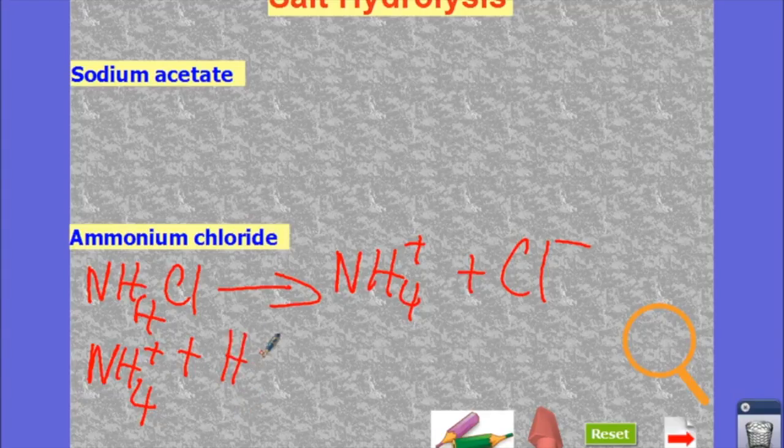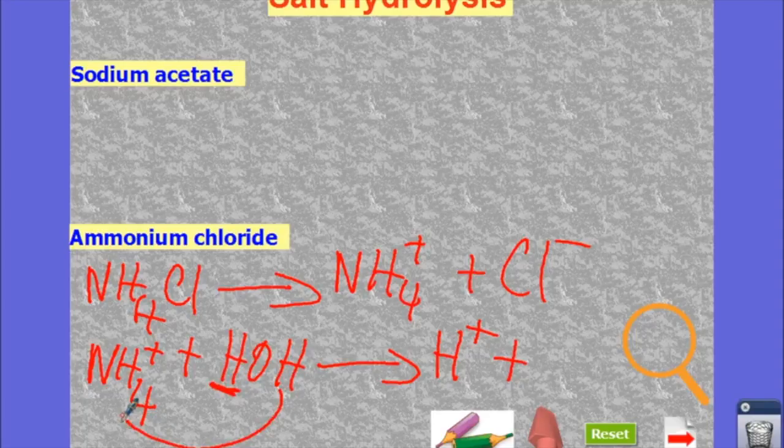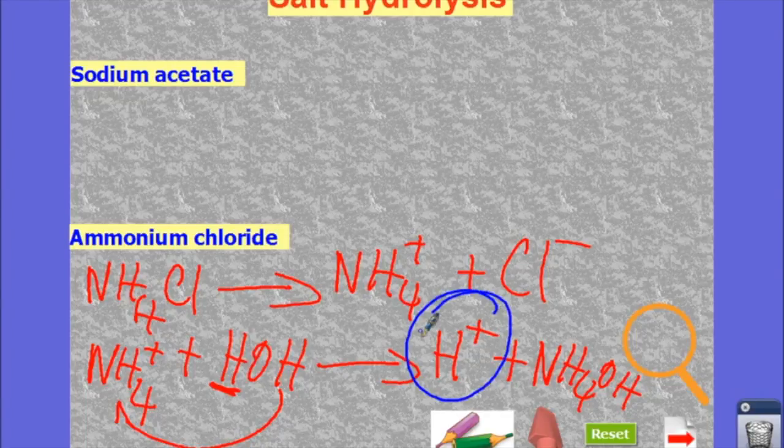Equilibrium. Now, if we say that salt is acidic, we have to produce H plus. That is what makes it acidic. We produce H plus, and the OH minus will go with the ammonium to produce NH4OH. That salt is acidic because it produces H plus in water solution. So this is salt hydrolysis. Hydro, water; lysis, splitting.